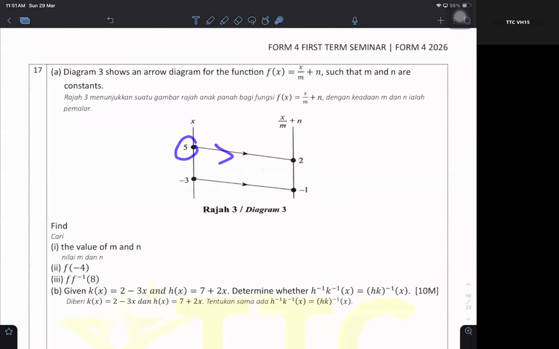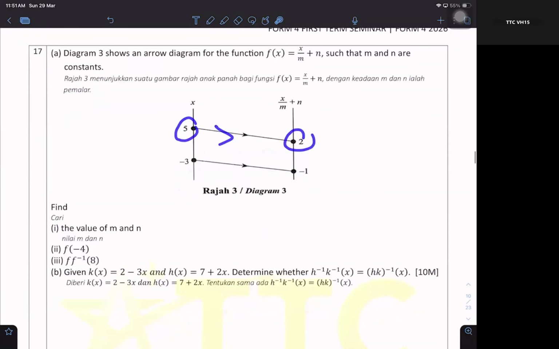You see 5 go to 2, what should I write? f(5) equal to 2. Same. Negative 3 go to negative 1: f(negative 3) equal negative 1. Same thing. One on the left, one on the right.